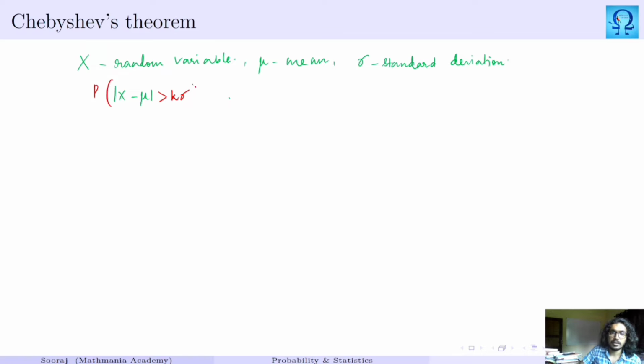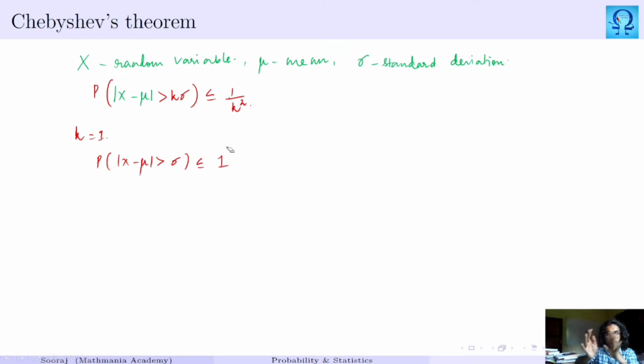The probability of this going more than k sigma is smaller than or equal to 1 upon k square. Here, if you let k be equal to 1, then what is happening? The probability of |x minus mu| greater than sigma is smaller than or equal to 1.